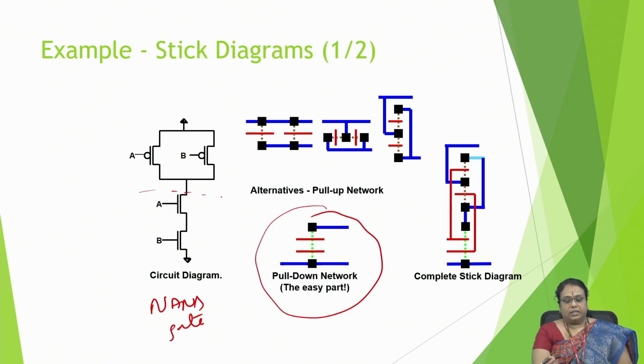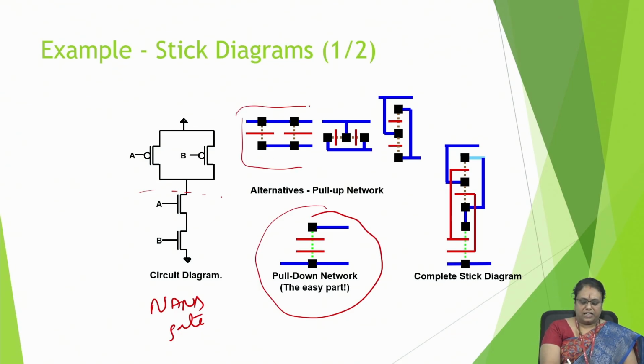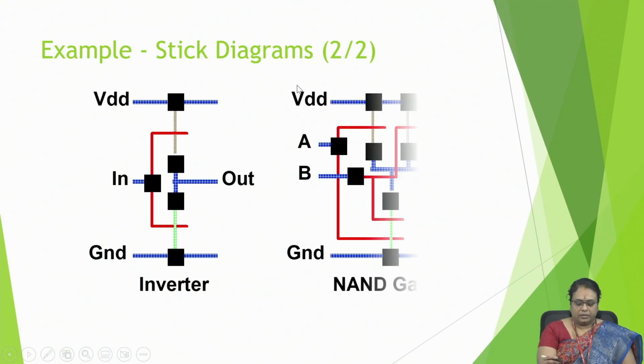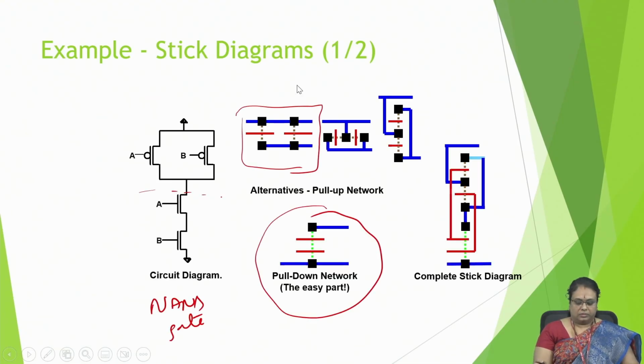And the pull-up side, how can you draw? There are many forms that we can draw the pull-up side. See, this is how we understood it initially. We have taken P diffusion and crossed it with a poly. We have taken P diffusion and crossed with the poly. This is our VDD line, right?